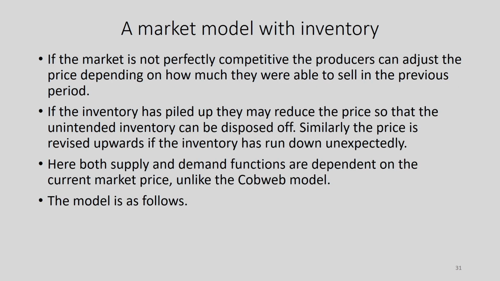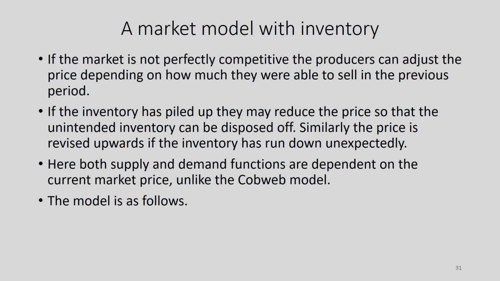So, we can say a few words about another model. This model is a market model with inventory, and then maybe you can close this lecture. If the market is not perfectly competitive, the producers can adjust price depending on how much they were able to sell in the previous period.